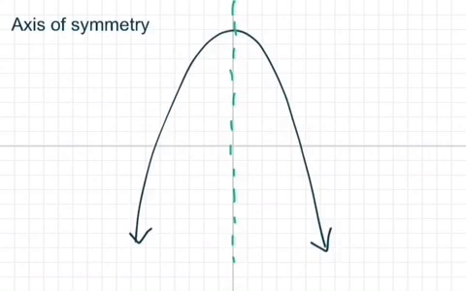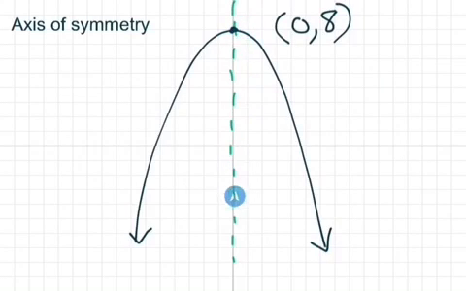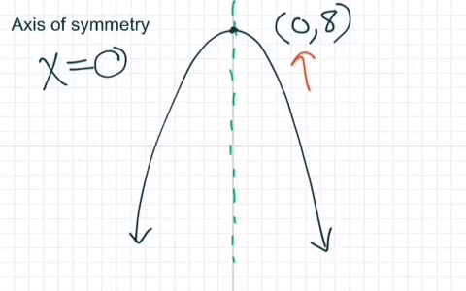And if we would like to write an equation for the axis of symmetry, we first have to identify the vertex, which in this case has an x value of 0 and a y value of 8. And we want to give the equation of this green axis of symmetry line, which is just going to be x equals the x value from our vertex. So in this case, it's x equals 0.